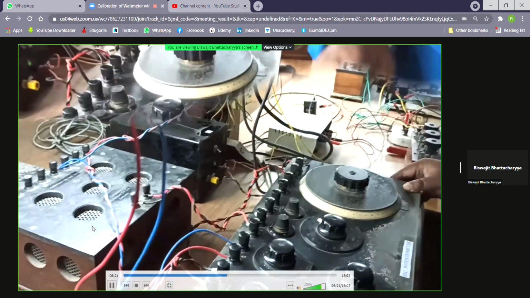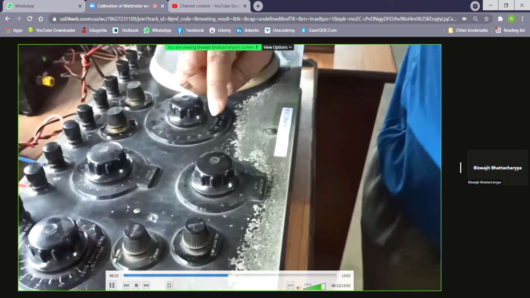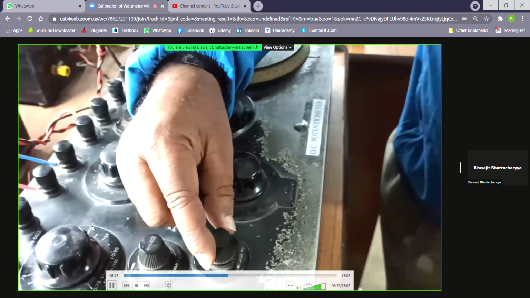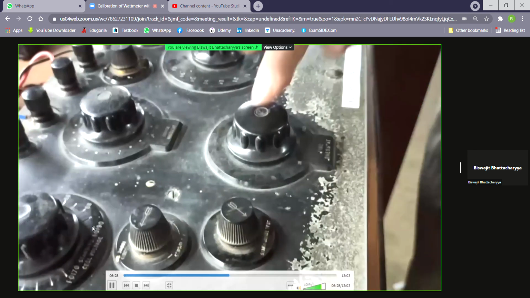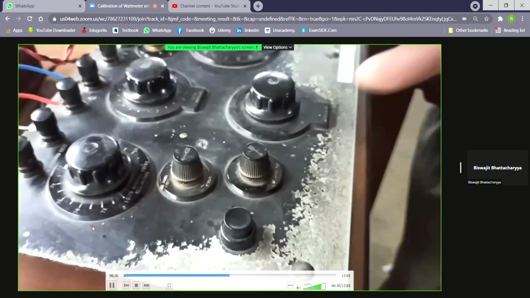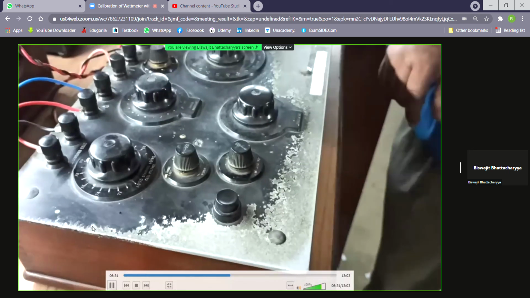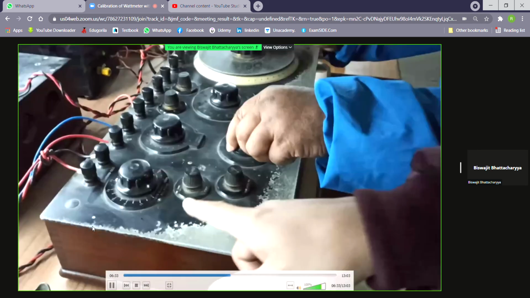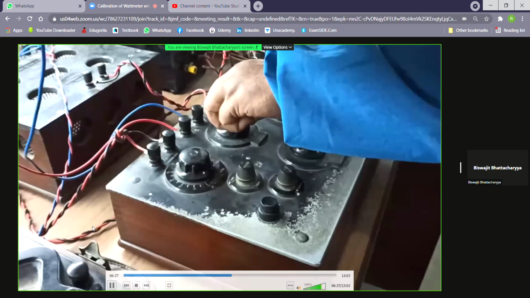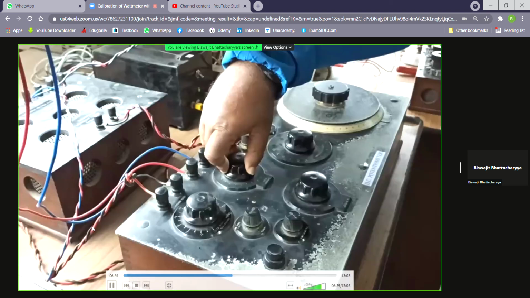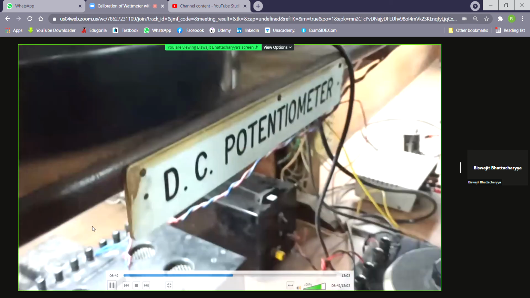Before doing the test, we need to standardize this DC potentiometer. So we are putting it in the standardized mode, and by tuning the standard cell voltage and the two rheostats, we will standardize the DC potentiometer.